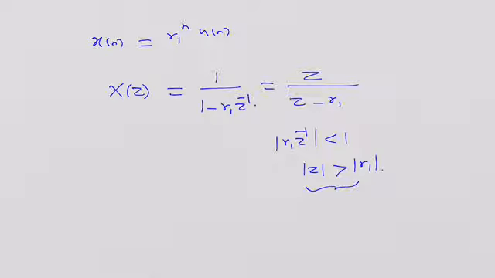This is called ROC, the condition for the set of all values of z for which X of z will not become infinity, will converge to a finite value. This is the relationship to be remembered, and you should recall.